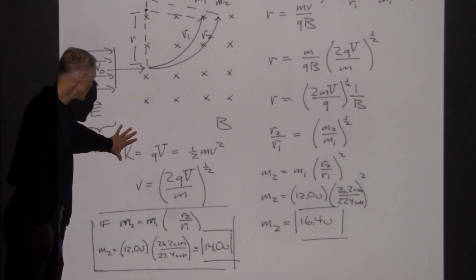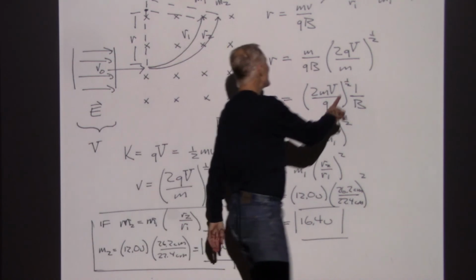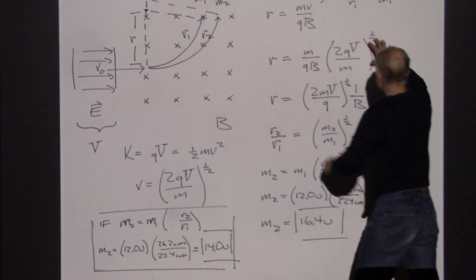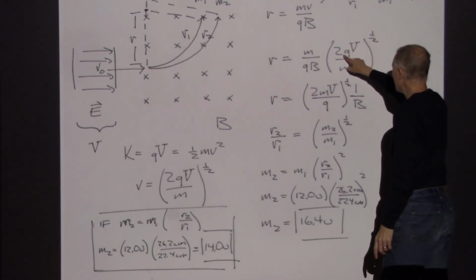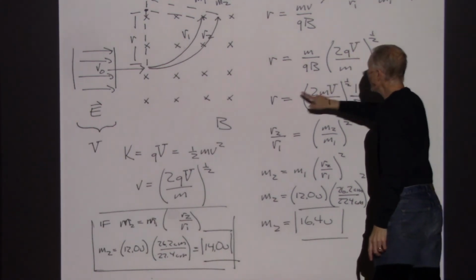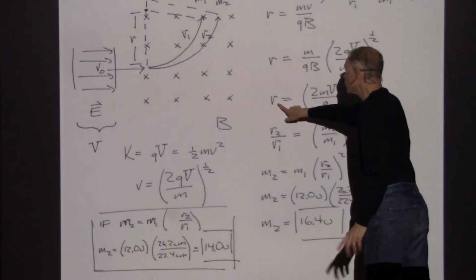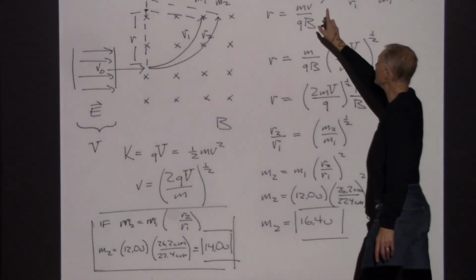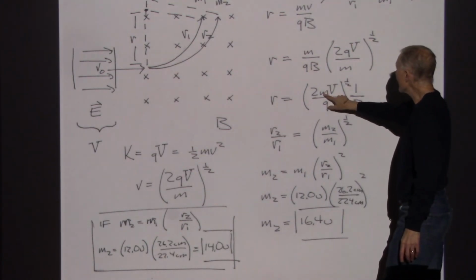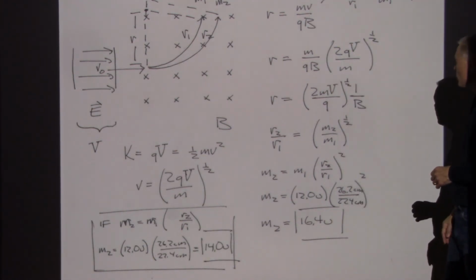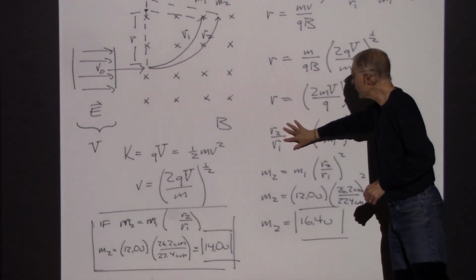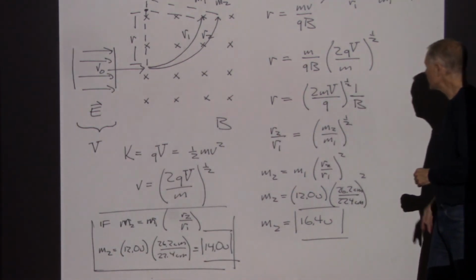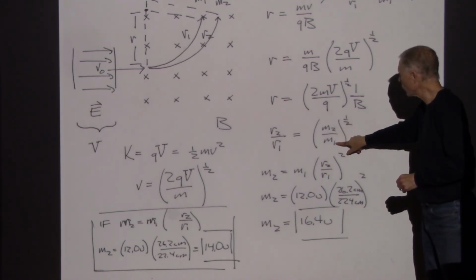So if they come through with the same kinetic energy, then I have to write this formula down. I take out the v and replace it with the charge and the mass and the voltage. And this says that the radius is proportional not directly to the mass, but to mass to the 1/2 power. So the ratio here, for the two elements, R2 over R1 is proportional to the square root of M2 over M1.